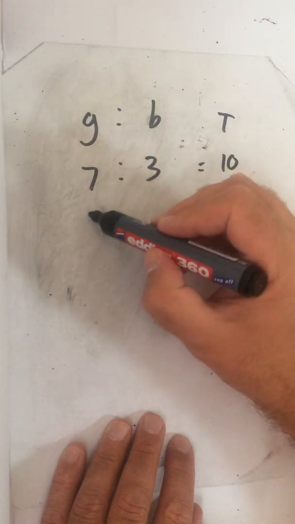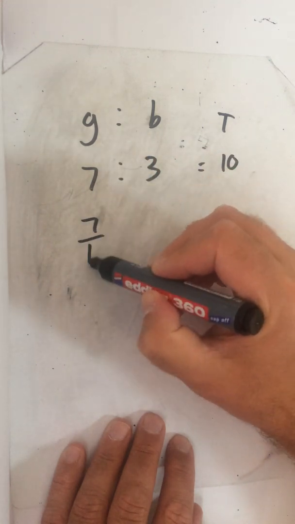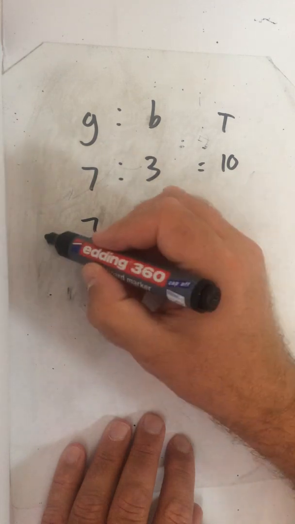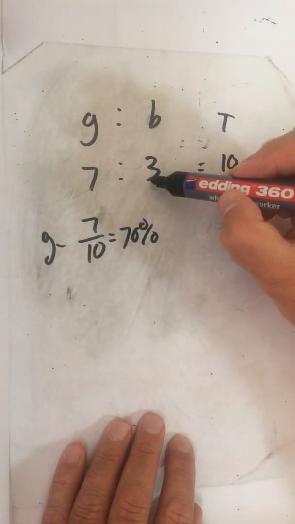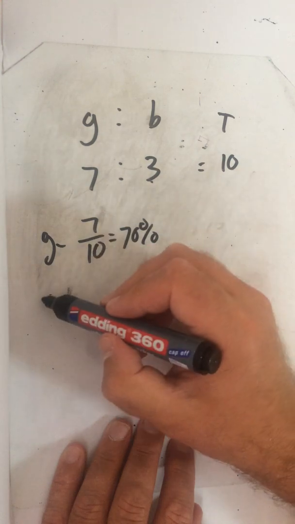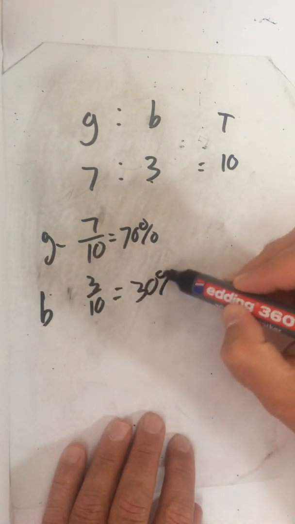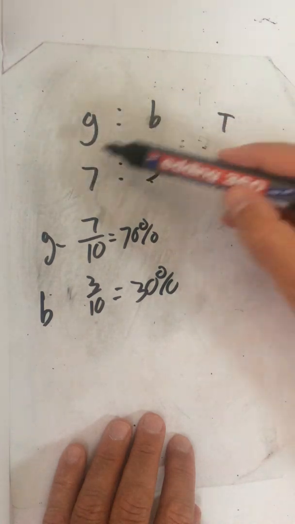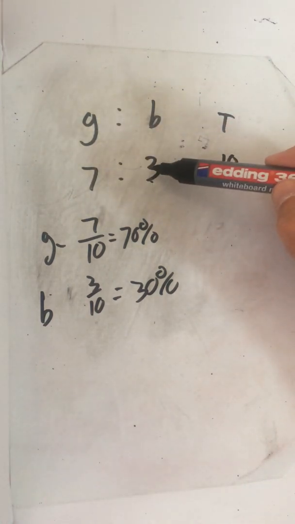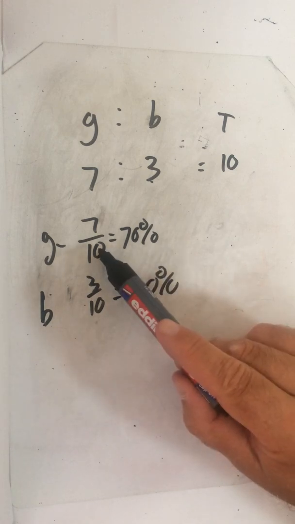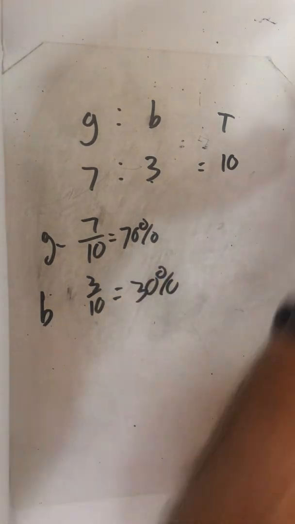The proportion is, there are 7 girls out of 10, 70%. The proportion of boys, 3 out of 10, 30%. So that's the ratio, 7 to 3, and the proportion is 70% are girls, or 7/10 are girls, 3/10 are boys.